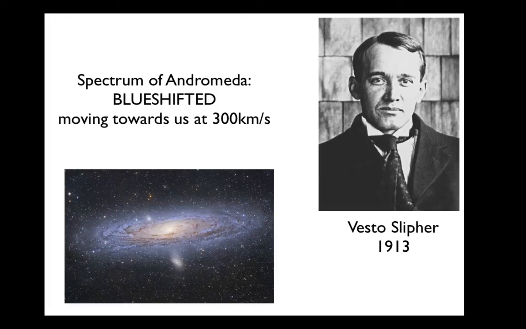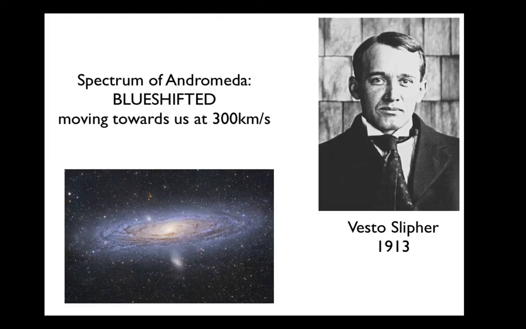So he found a Doppler shift for the lines in the spectrum of a galaxy, and he found that they were shorter in wavelength than they were supposed to be, and he deduced that the galaxy is actually moving toward us at about 300 kilometers per second.